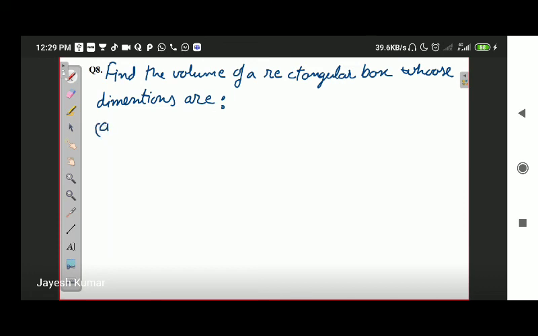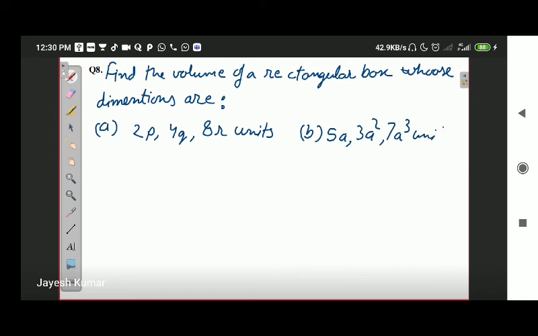A part is 2p, 4q, 8r. B part is 5a, 3a square, 7a cube units. This time let us take A part.